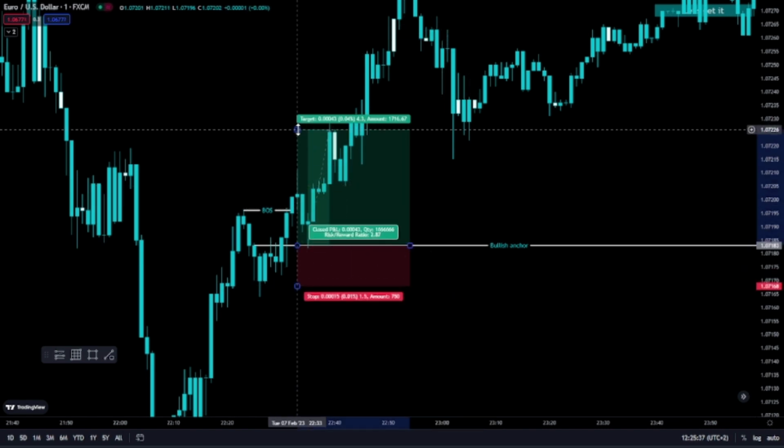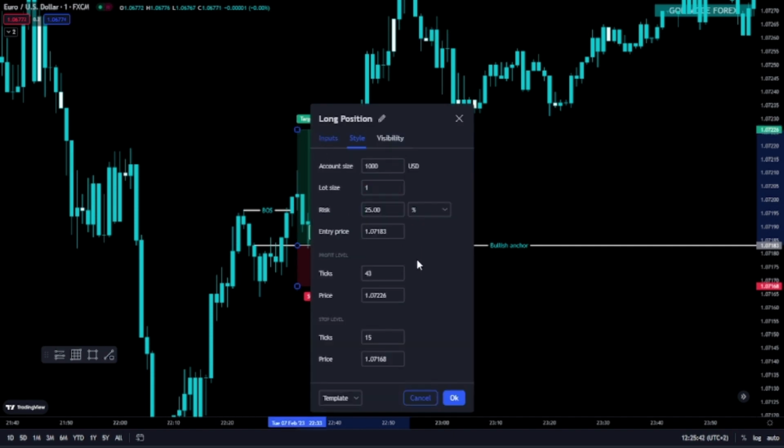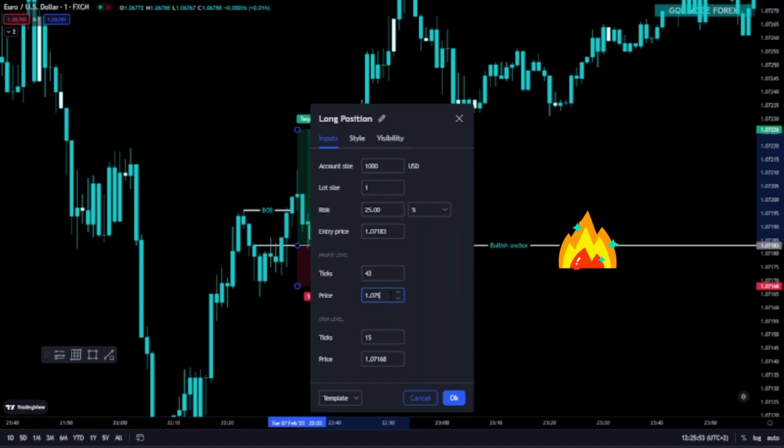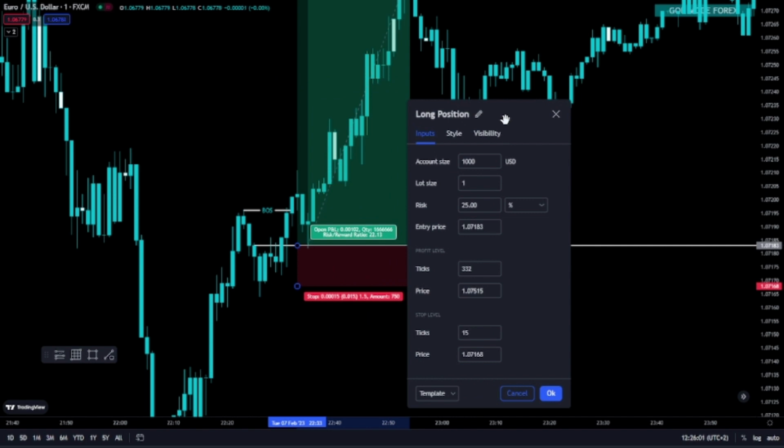And our take profit was at 1.07515, as you can see on the screenshot that I'm going to post, because the screenshot is going to show both the entry and the exit that we had.